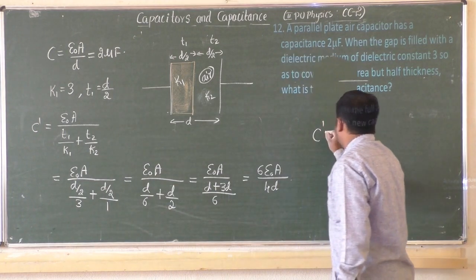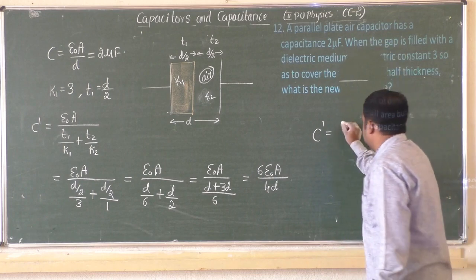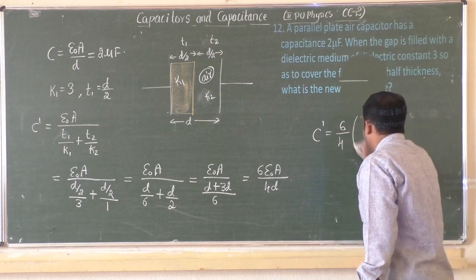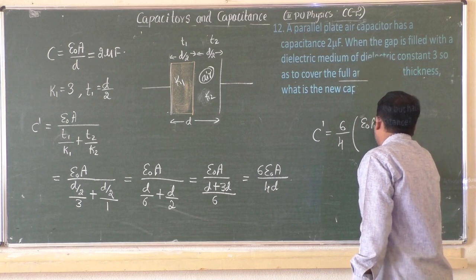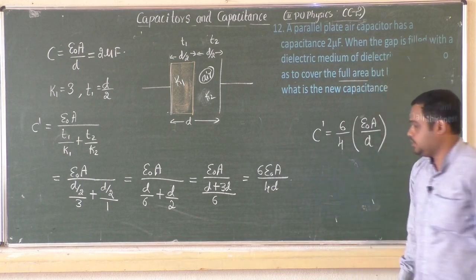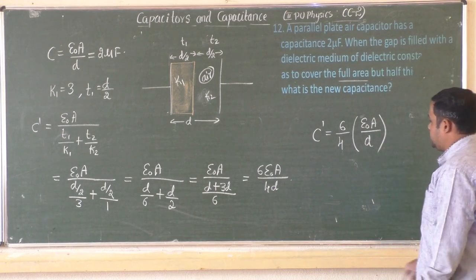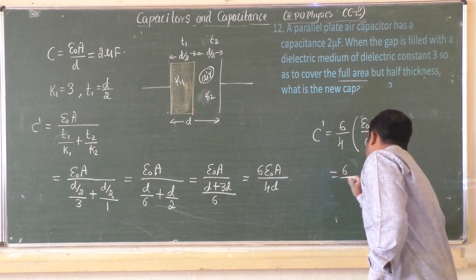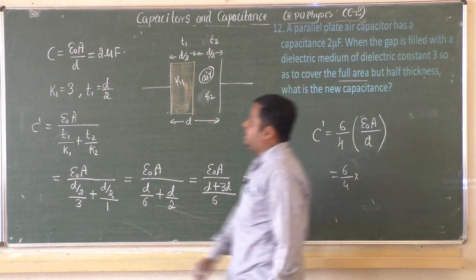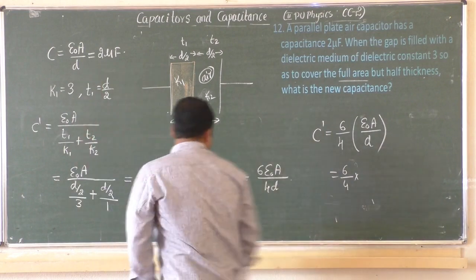So therefore C dash is equal to 6 divided by 4 into epsilon naught A divided by D, that is 6 by 4 into epsilon naught A divided by D, which is 2 microfarad.